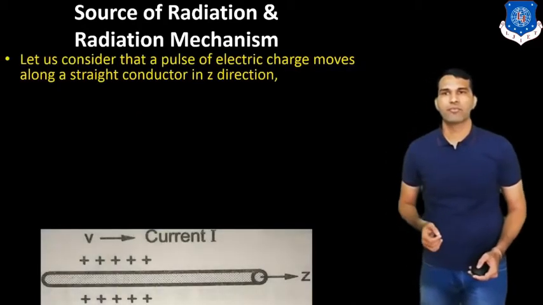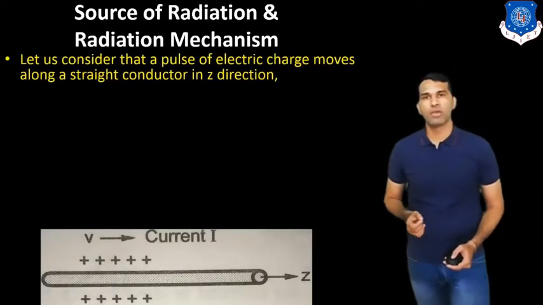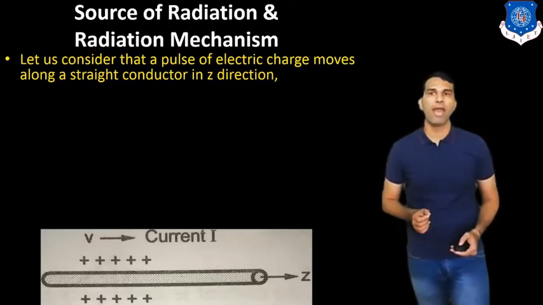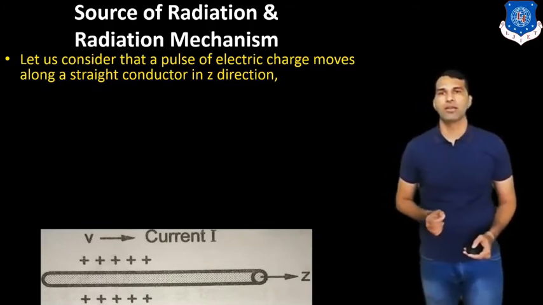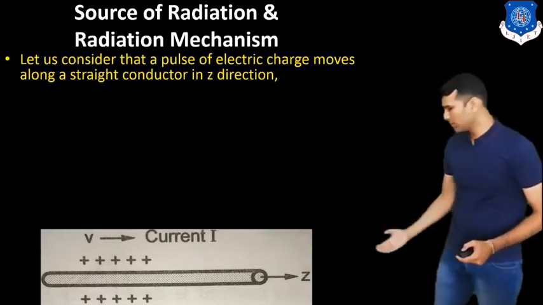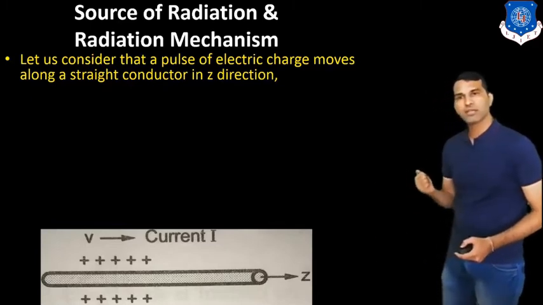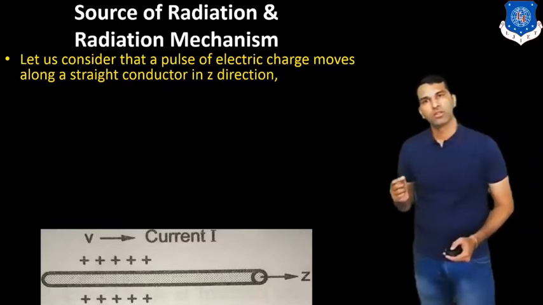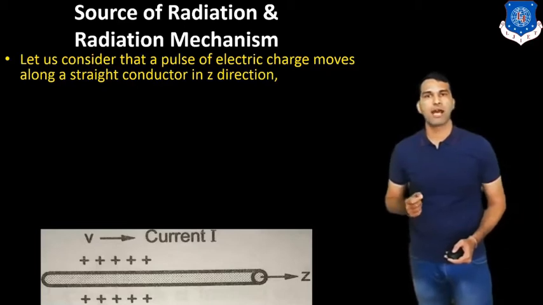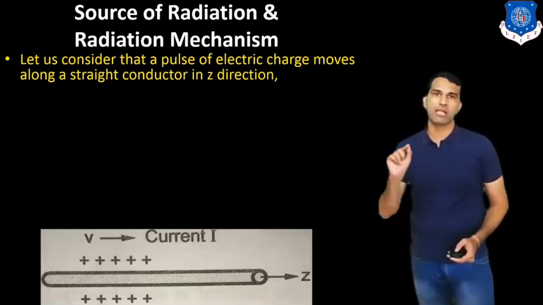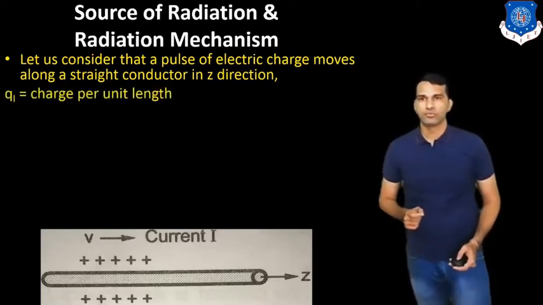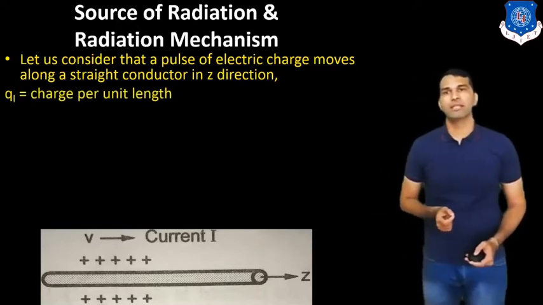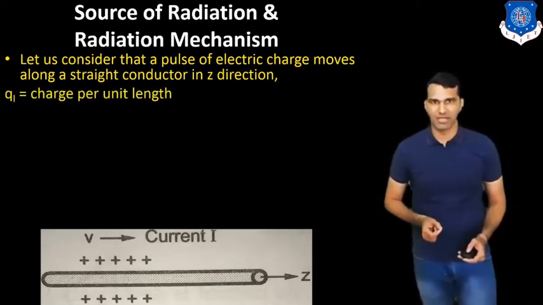Now let me consider a pulse of electric charge moving along a straight conductor in the z direction. Here in this figure, we consider the pulse of electric charge moving along the z direction. Here QL indicates charge per unit length.